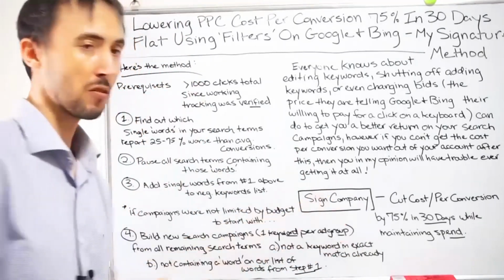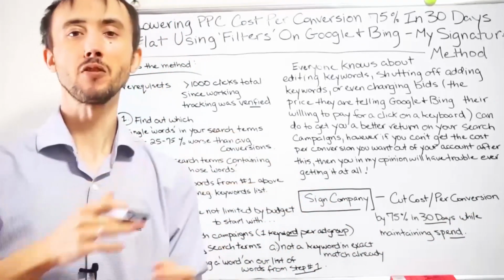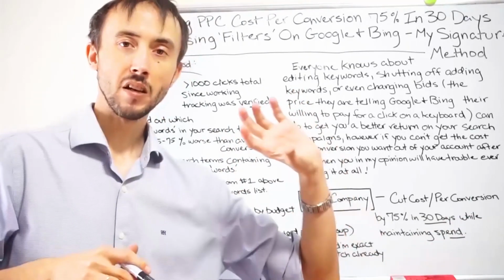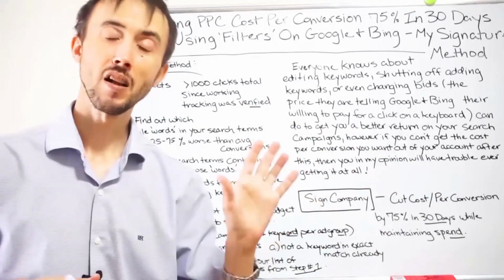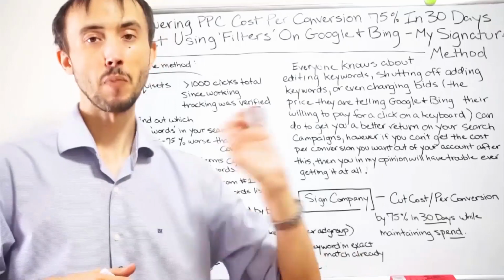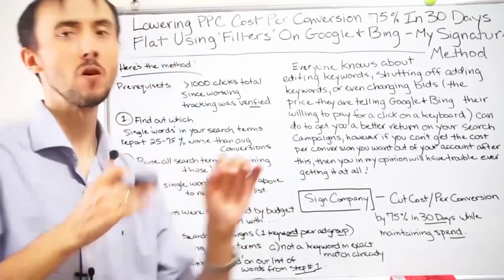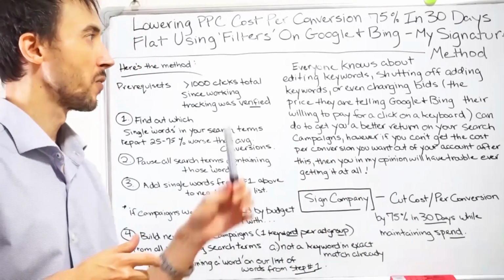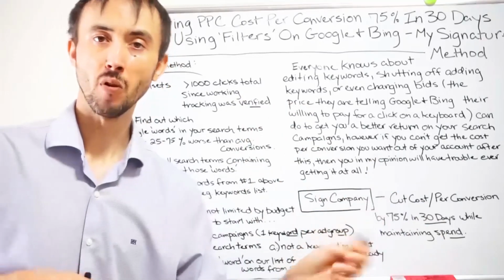Their algorithm's going to pick up that your new settings are better and then massively start dumping on the traffic, because now you've got something where, for every person that you want to attract, they know they're getting better response out of those exact users and want to push your ads more. Obviously, the bigger thing is you won't be paying for traffic anymore that doesn't get you a cost per conversion that's 75% less than you had before.